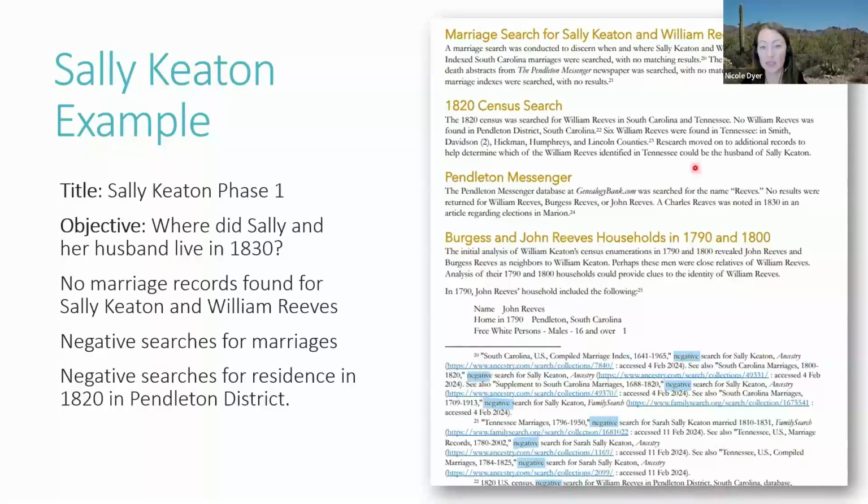And then the results that I found in Tennessee were that there were 6 people named William Reeves there, but you can't tell which is which at this point so early in the research. So research moved on at that point. So this shows that with this marriage search, even though it's a negative search, it was relevant to the objective, and I wanted to show that I had done reasonably exhaustive research for their marriage record.